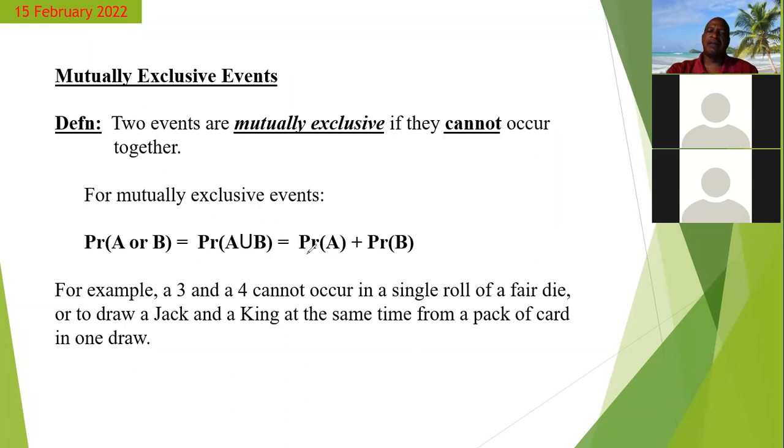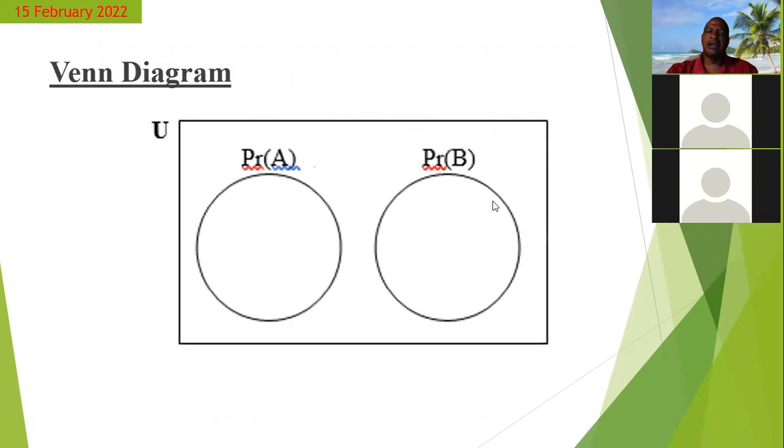So if either A or B can occur, then to get the total probability of the two events, you add probability A with probability B. That's how we treat mutually exclusive events.